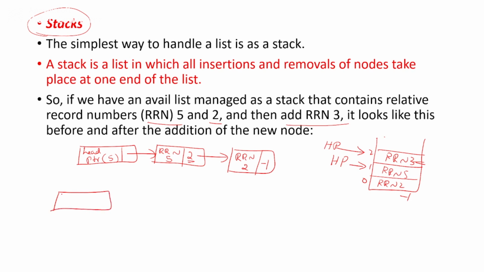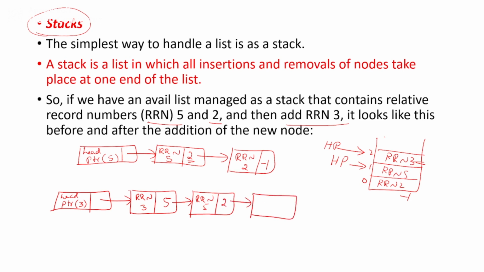When you are adding one more record, the head pointer will now be pointing to RRN3. Next comes your RRN3, the new record you added. It is pointing to RRN5, and that is pointing to RRN2, which is the end of the structure.